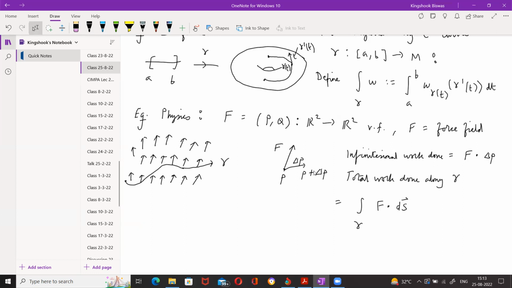Right. Now, what does this mean? What this means is the following.